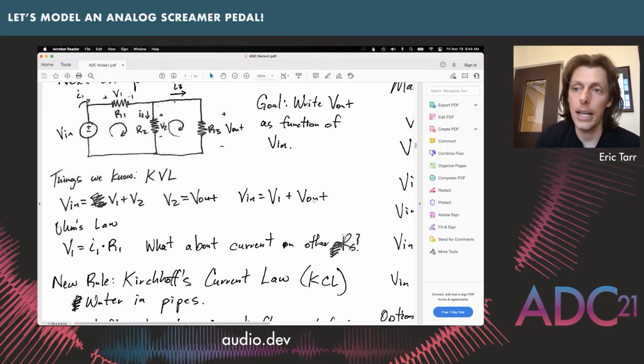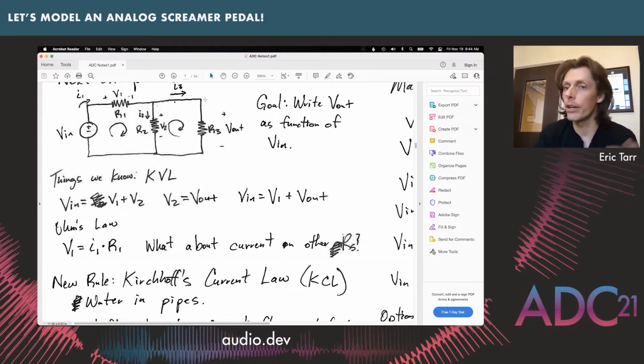So the new thing that comes up with this circuit is, what do we do about the current? So we have a single current that's going to go through this resistor here, and then it gets split up into two different parts. So we have current I1 that goes into this node is going to get split into I2 and I3.